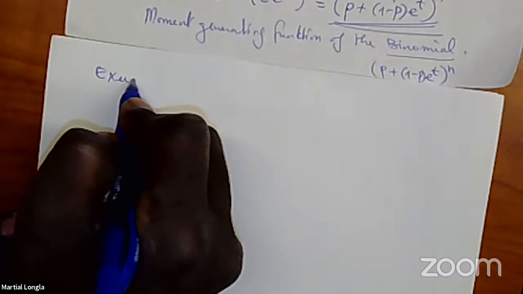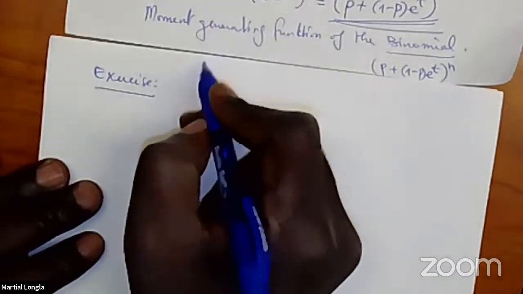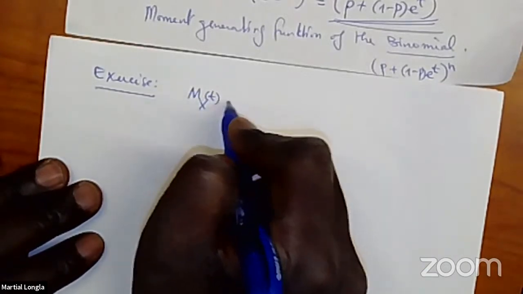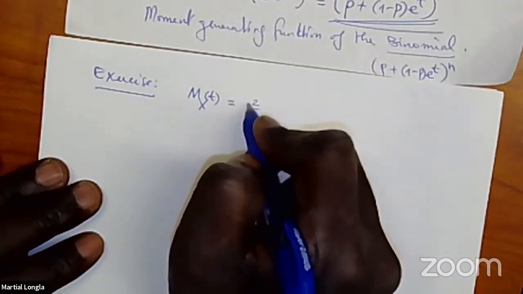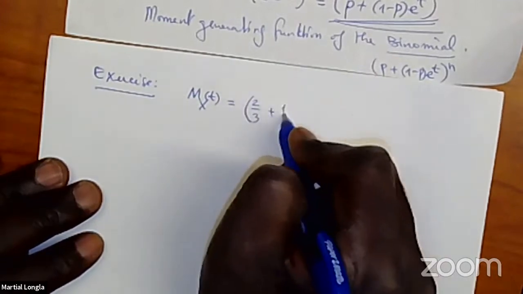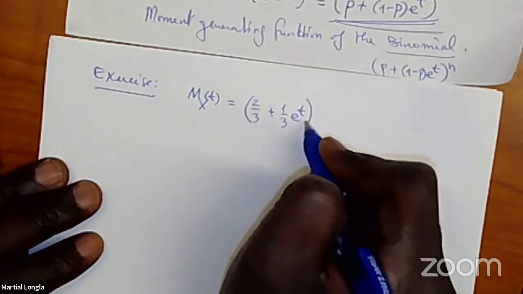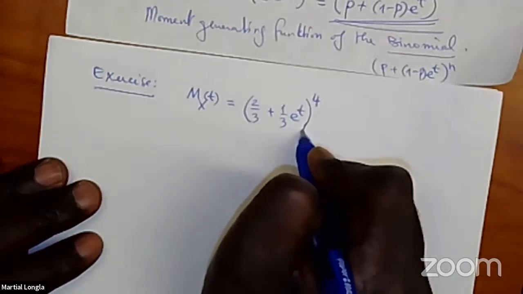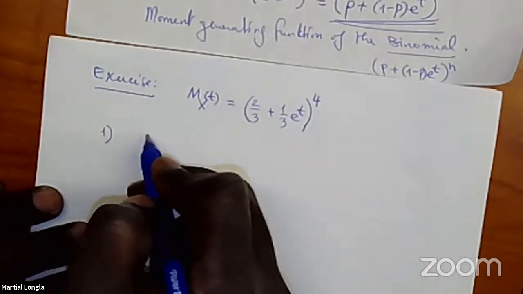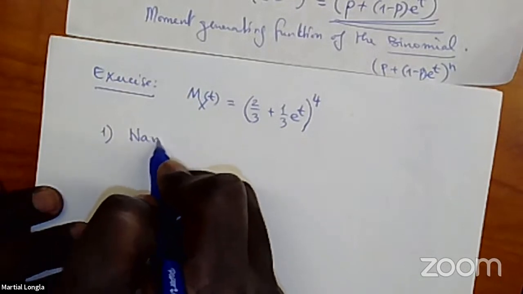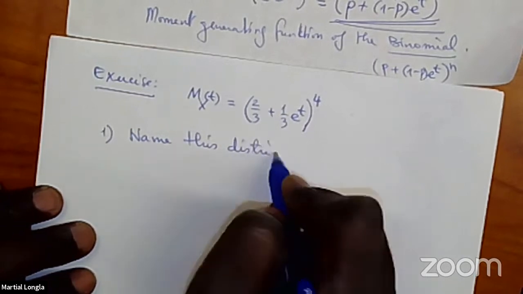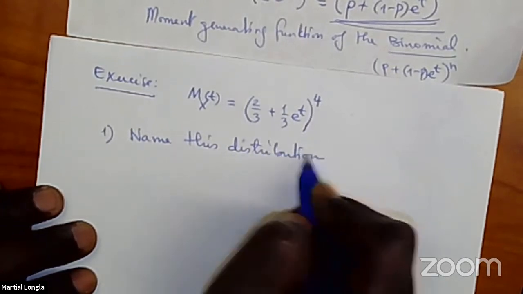Exercise. M of t equals 2/3 plus 1/3 e to the t, raised to the power 4. 1. Name this distribution. 2.